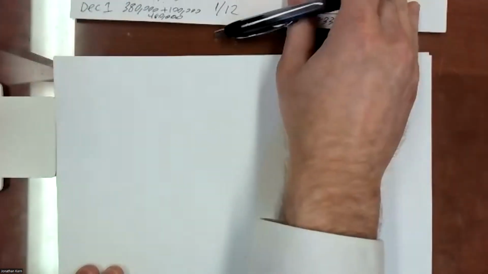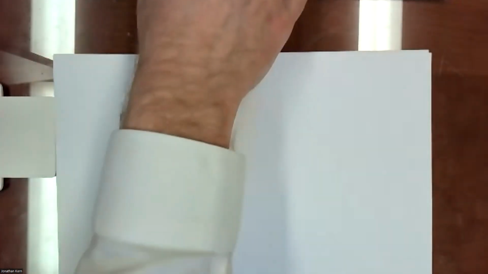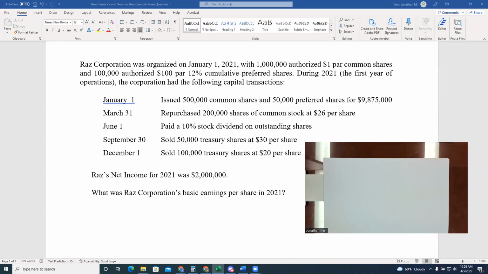All right, so now I'm going to work the same problem, the same weighted average number of shares, but I'm going to use a different method. This time, I'm going to use the time-weighted changes to the number of shares approach. So when you use this method, you want to just count the number of months until the end of the year on each date that the number of shares changes.